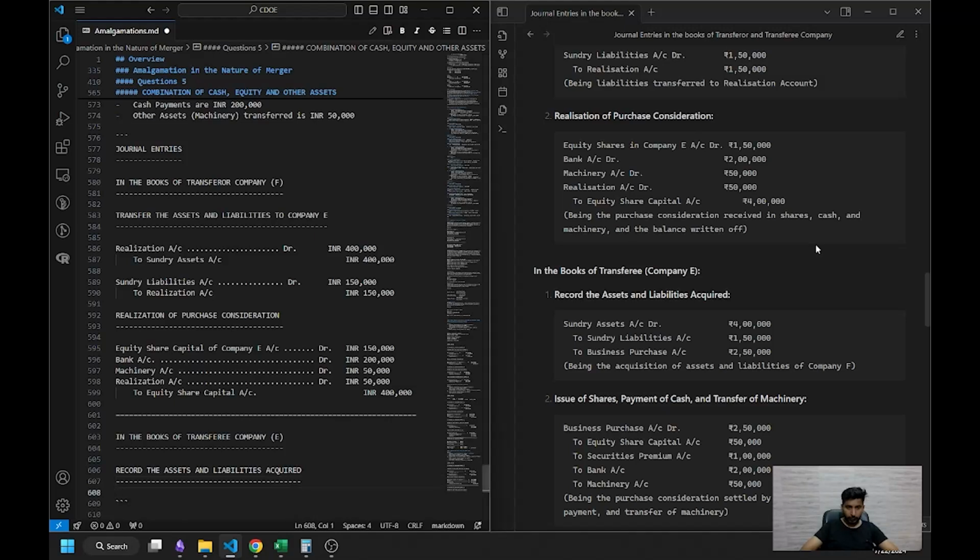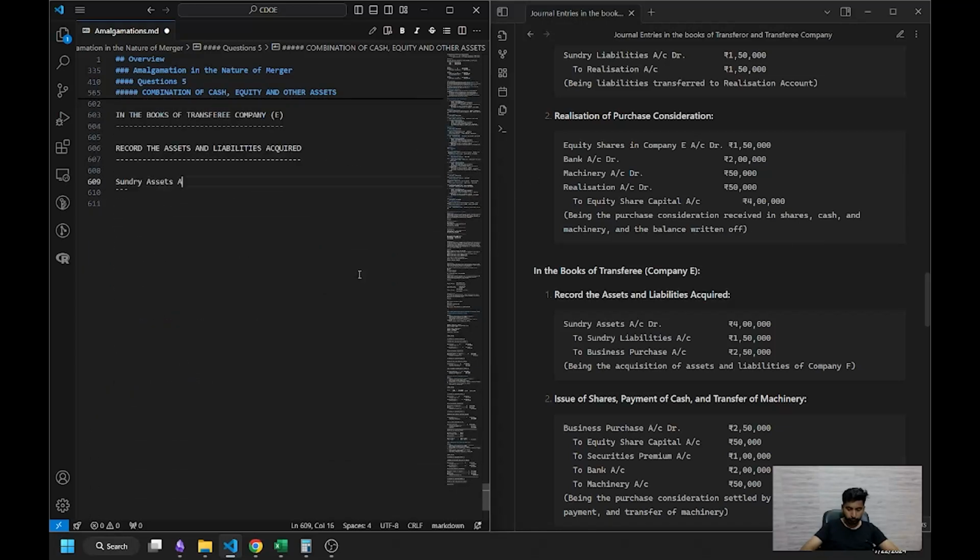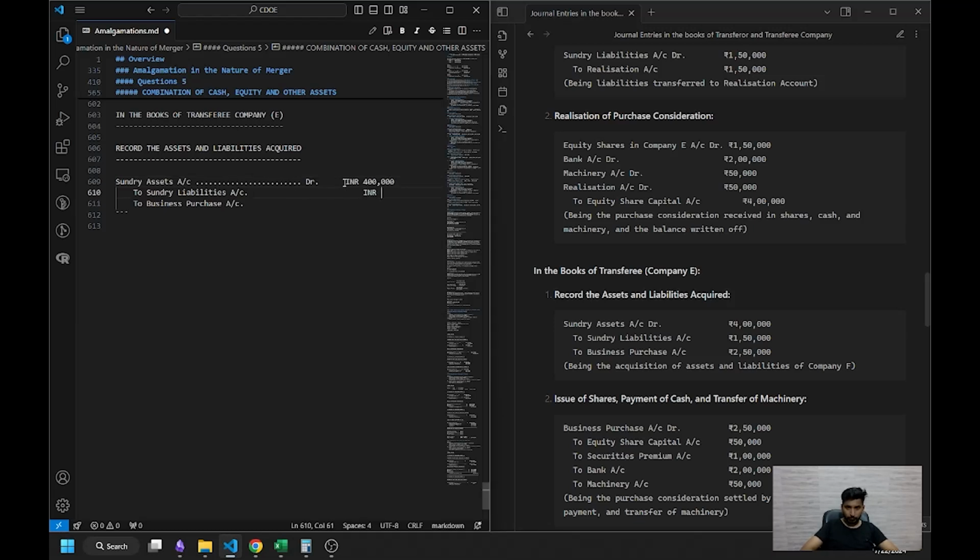Sundry assets account debit to sundry liabilities account, to business purchase account, and the amount will be 4 lakhs, rupees 1,50,000, and the business purchase of rupees 2,50,000.